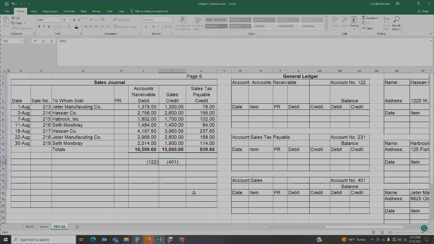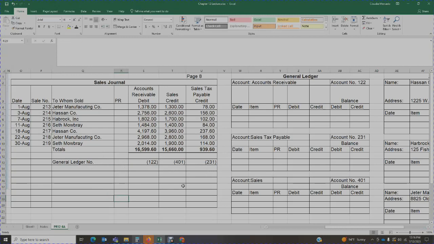That way I know where I'm posting this. My sales tax payable is account number 231. So these are my general ledger numbers. That way you don't get confused about what these numbers are. These are my general ledger numbers.